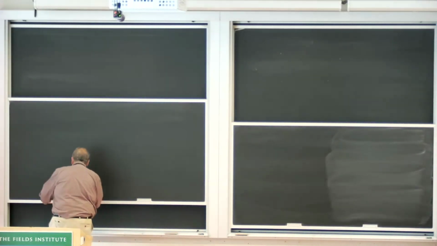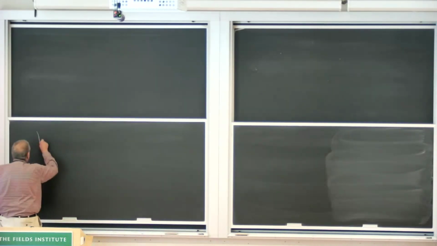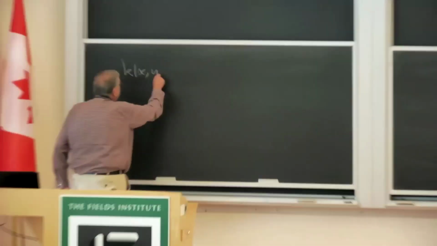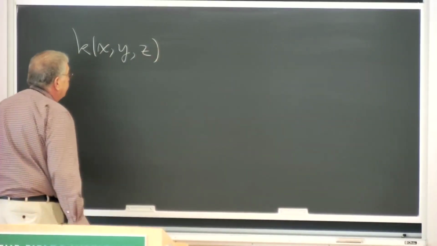Let me just write it down. Call it K of x, y, z. So this is on R3 or C3.